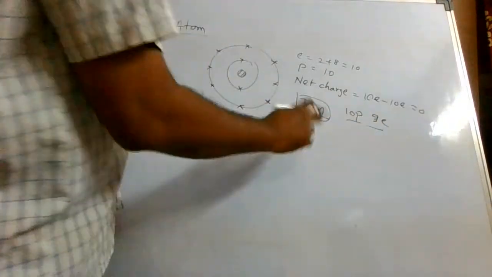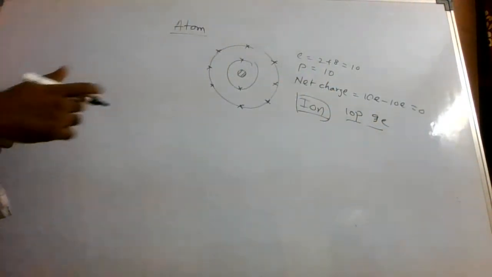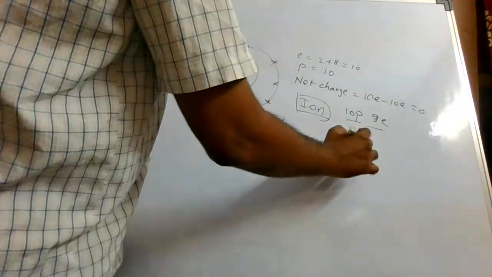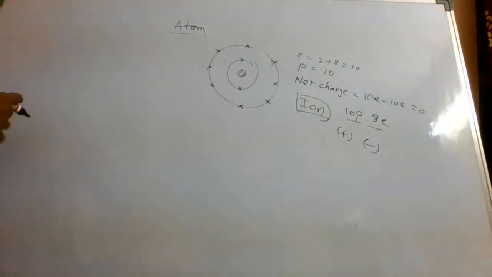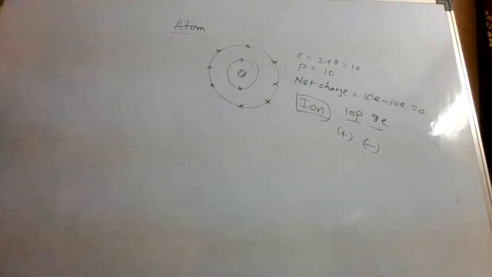So here there is a net electric charge. That net electric charge can be a positive value or a negative value, depending upon the number of electrons present or the number of protons present. More protons means more positive charge. More electrons means more negative charge.